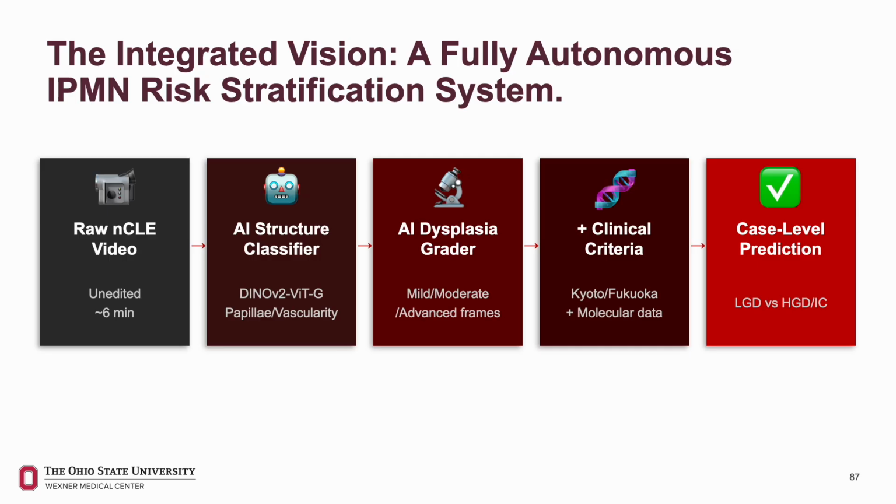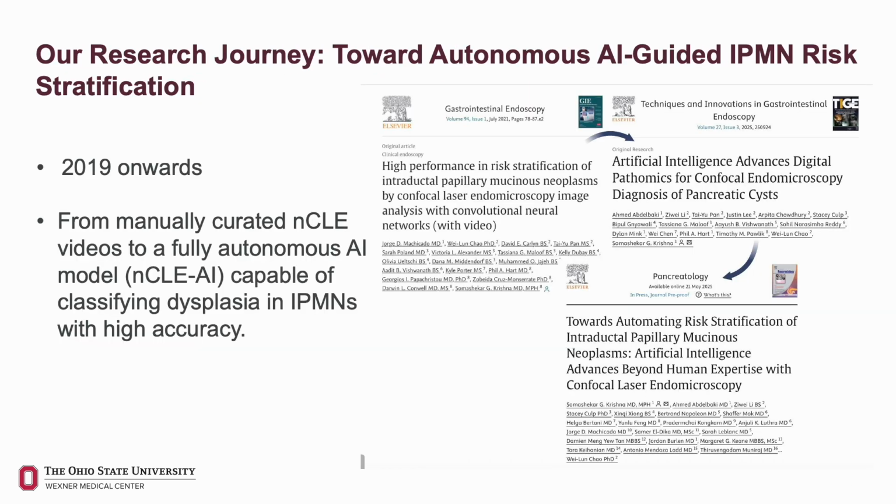Starting with raw NCD videos, we can get a frame-level classification, which can then be integrated with other clinical variables of guidelines like Fukuoka or the most recent, Kyoto, to optimize the case-level dysplasia classification. Three publications mark our journey that started in 2019, from manually curated endomicroscopy NCD videos published in 2021 to our latest publication in 2025, a fully autonomous AI model that can do risk assessment on its own.